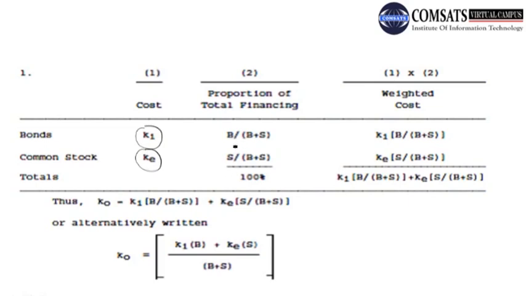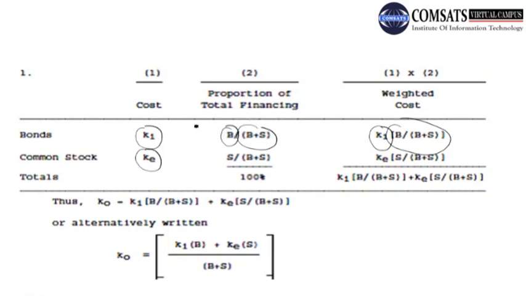So how do we calculate the proportion of total financing? B is the value of bonds in the total capital structure, that is B plus S, so the weight is B over B plus S. For the weighted average cost, we take the cost of capital given for the bond and multiply it by the weight of the bond in the total capital structure.